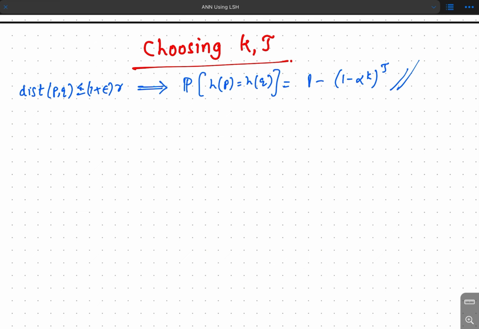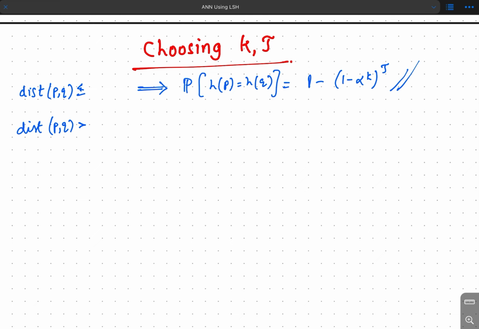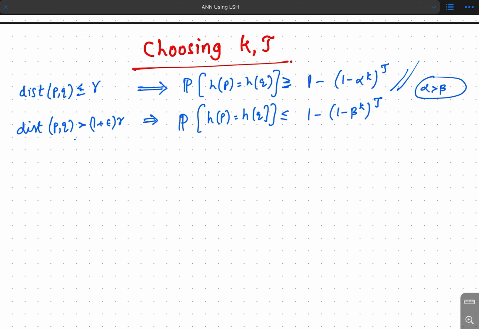So we wanted to boost this probability to very close to 1. Sorry, something is wrong, so this should be R. And if the distance between P and Q is greater than 1 plus epsilon times R, then we want the probability of H(P) equal to H(Q) to be less than or equal to what we got, and we have the very crucial condition that alpha is greater than beta.